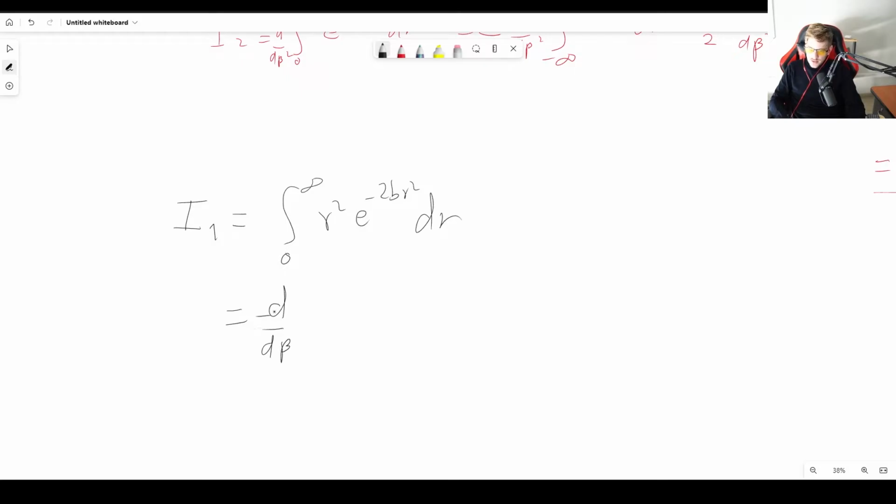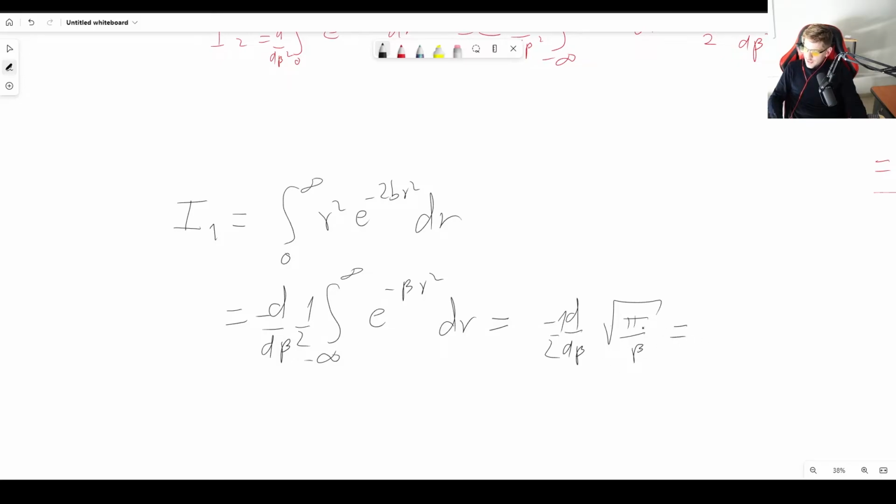Before we didn't have this minus because we did the derivative twice, so the minus canceled out. And this is 1/2 of the integral from minus infinity to infinity. I'm going a bit quicker. e to the minus beta r squared dr. So this would be minus the derivative with respect to beta of 1/2, of course, square root of pi over beta.